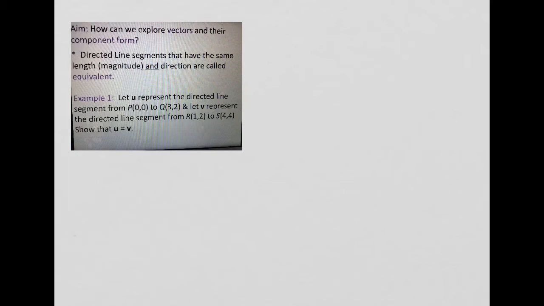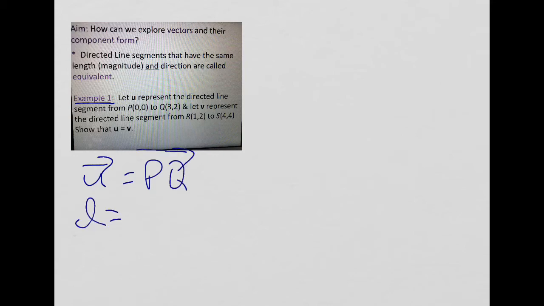Okay, and example 1 is kind of tied into our do now. So hopefully you did do that. So we're making vector U be represented by the directed line segment from point P to point Q. And point P is the origin, point Q is (3, 2). So we actually worked in the do now to find the distance of vector U, which is vector PQ.